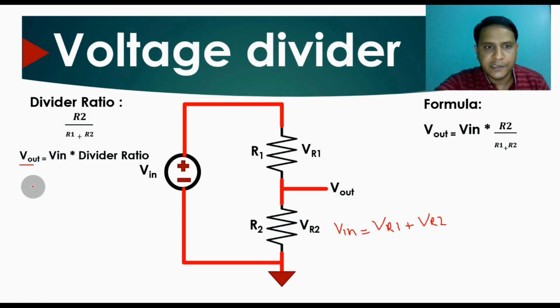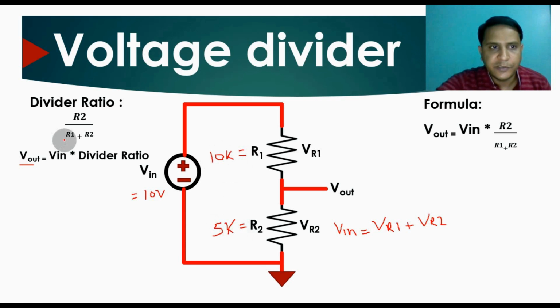Now let us consider V in equals 10 volt, R1 equals 10K and R2 equals 5K. Now you want to calculate the voltage drop across your resistance R2. So first you have to calculate the divider ratio. What would be the divider ratio?